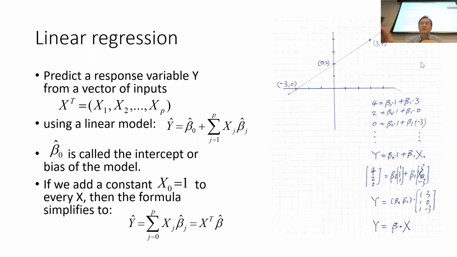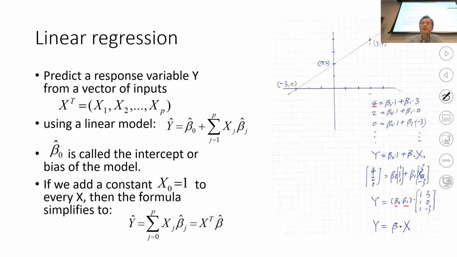You can define beta 0 and beta 1 to define this straight line, and these 3 example data points fit perfectly on it. So if you give 3 as x1, then y1 is 4, so this point.